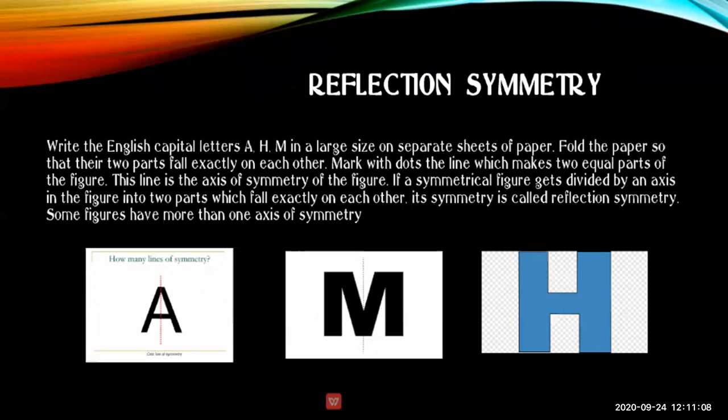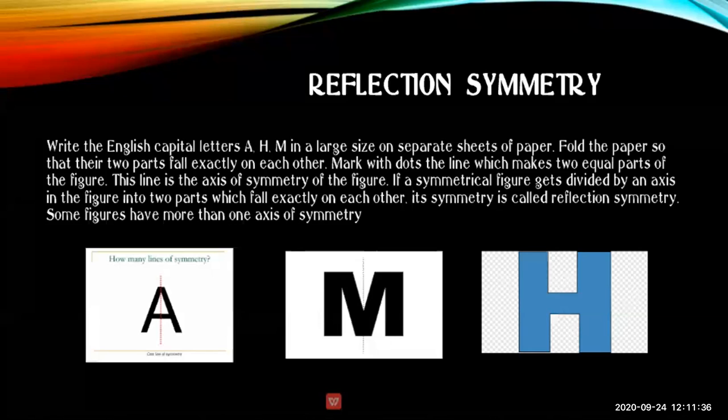If a symmetrical figure gets divided by an axis into two parts which fall exactly on each other, equally, then that is called reflection symmetry.